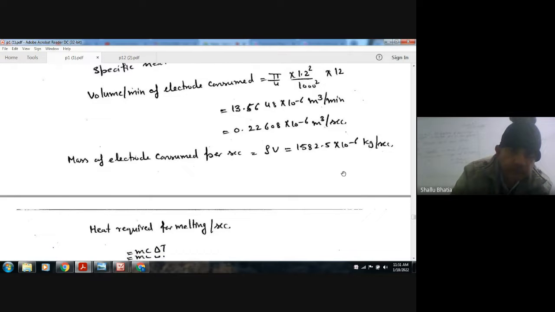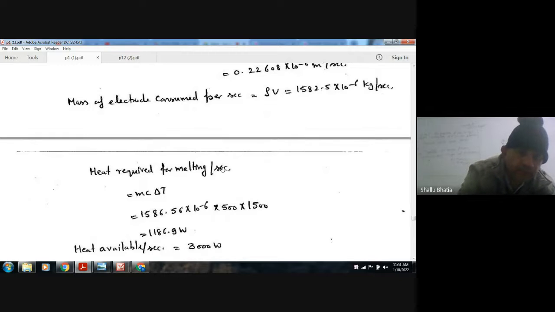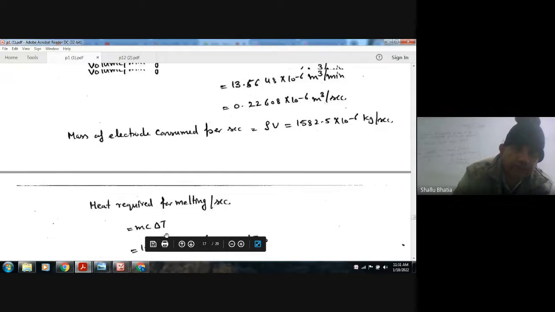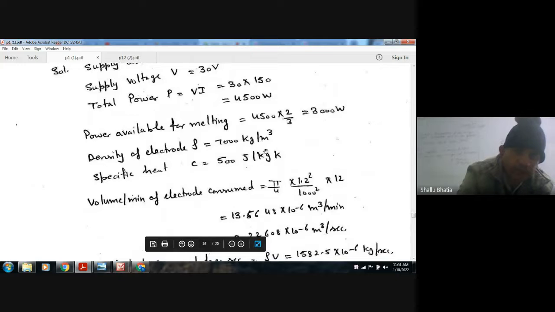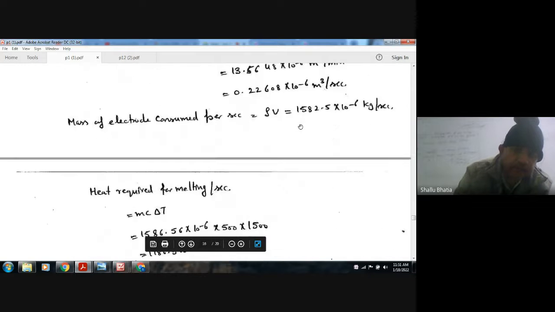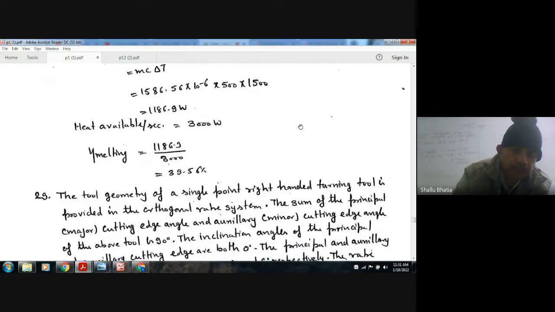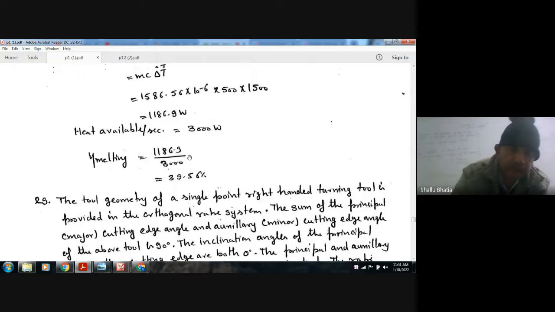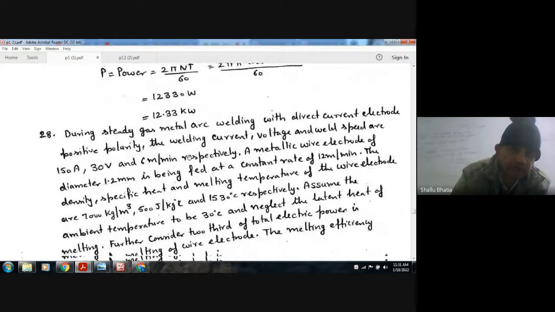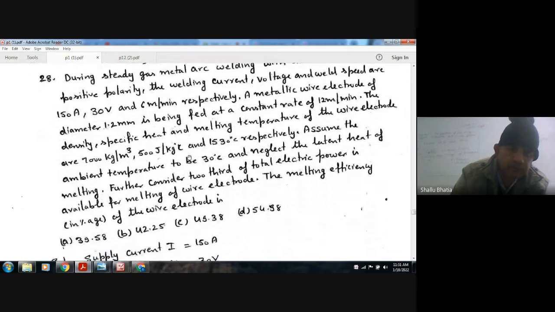The heat required is mass into specific heat into temperature change. The heat available is the power available for melting. So the efficiency of melting is heat required by heat available, that is 39.56%. So the answer is option A.